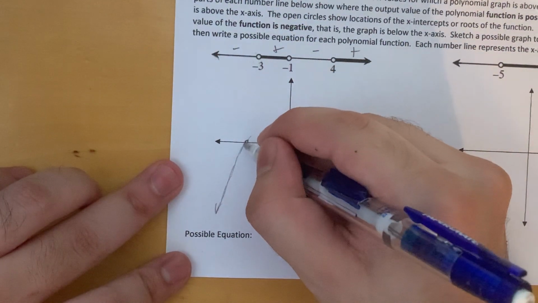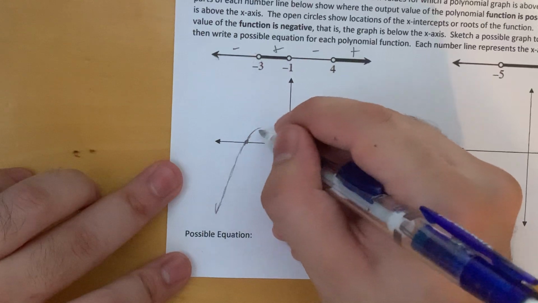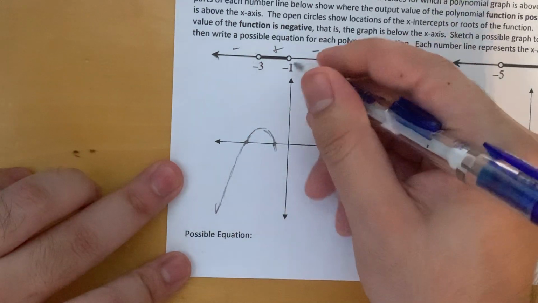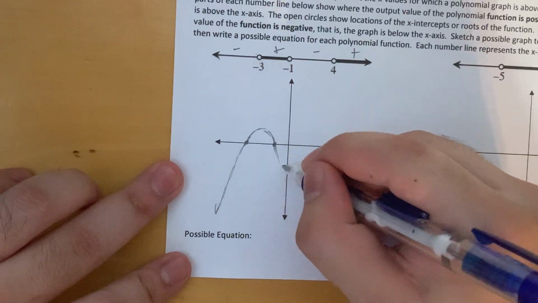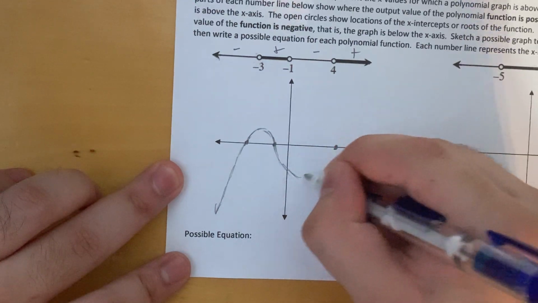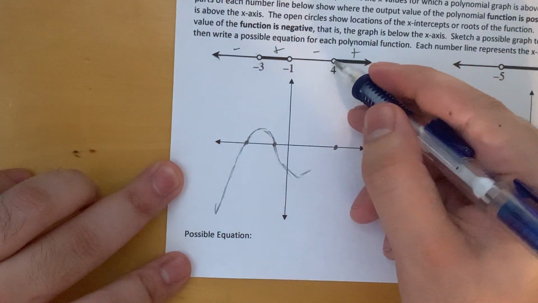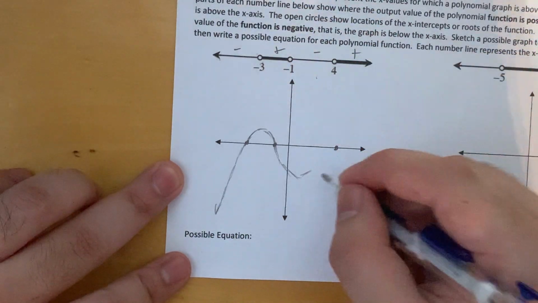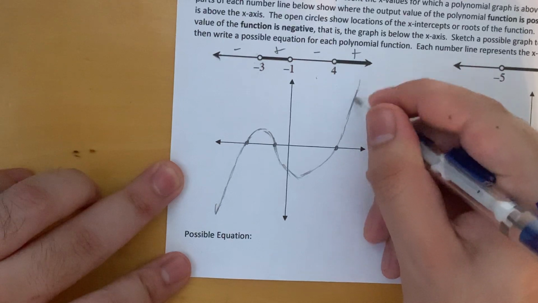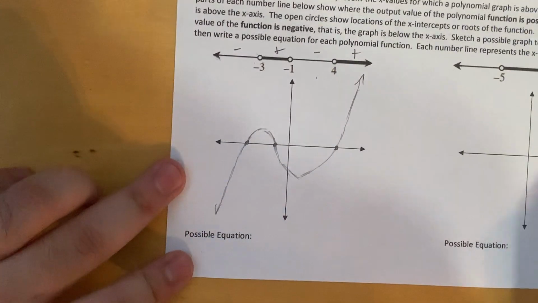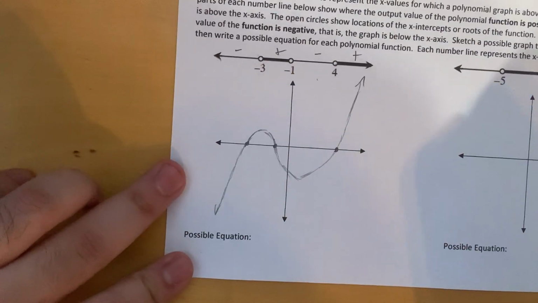So let's go. Going up, it crosses through again, right? Yes, it does. Then we're going to come back. And we know that it crosses through 4 because it goes from negative to positive. And there we go.